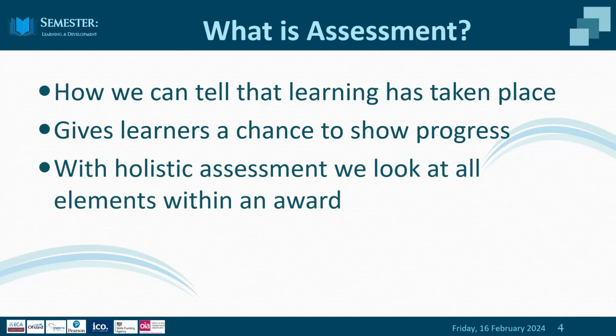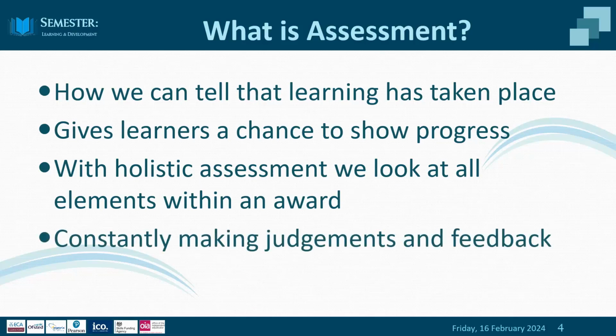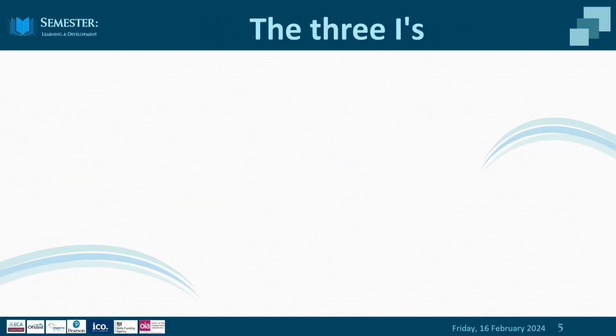With holistic assessment, we look at all of the elements within the award that the student is completing to demonstrate this progress. You are therefore constantly making judgments, and you should also be aware of the impact that your comments and grades can have on your learner's confidence when you make a decision and provide feedback.